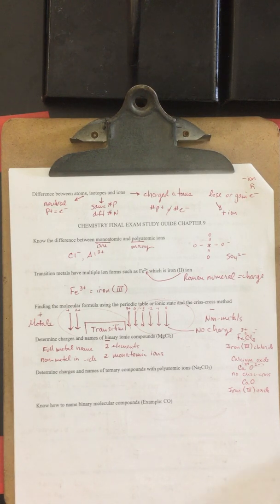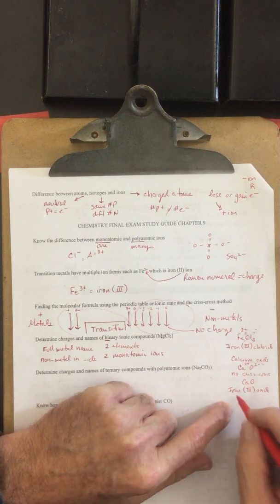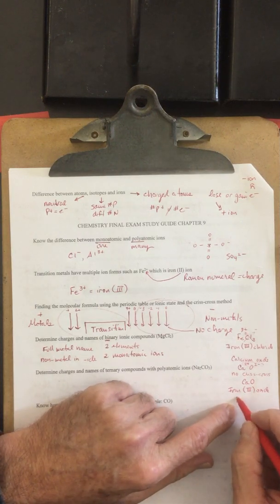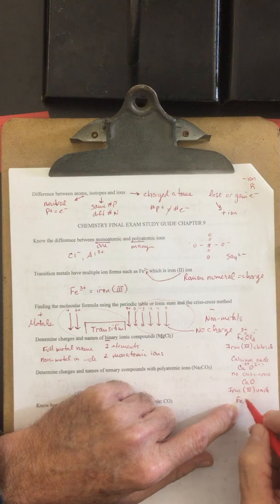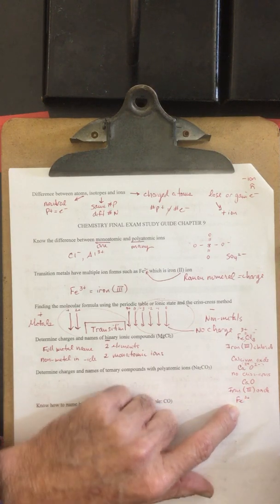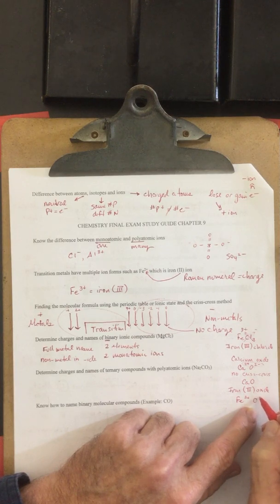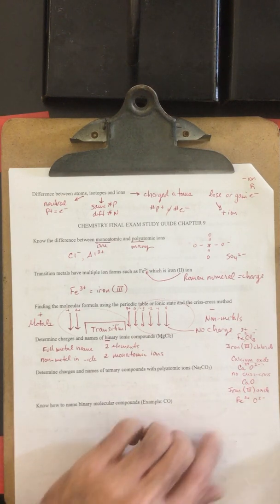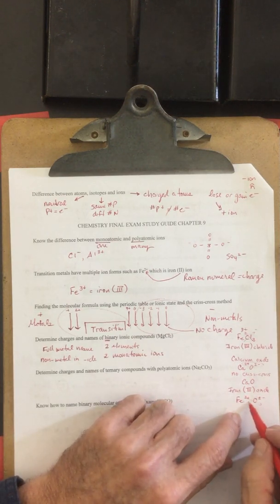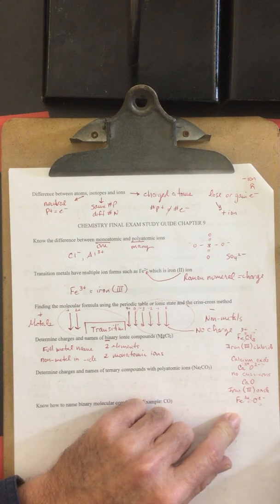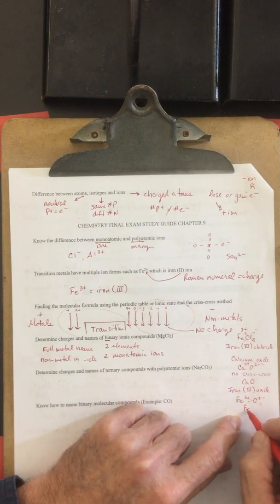Okay, hopefully you tried that. And we need to list the Fe, and the Roman numeral tells me this is a charge of 3+. If I go to the oxygen on the periodic table, it has a charge of 2-. And if I do the crisscross, I will get Fe2O3.